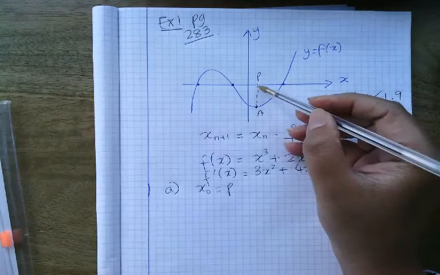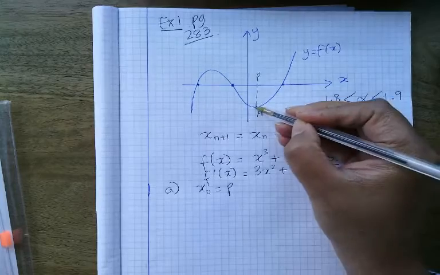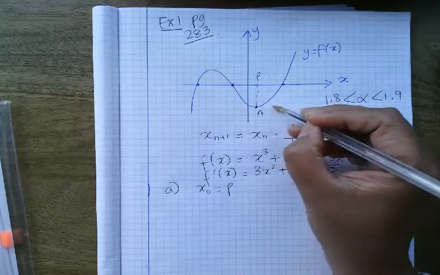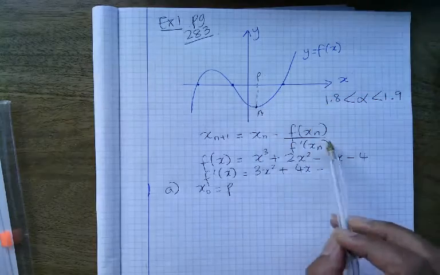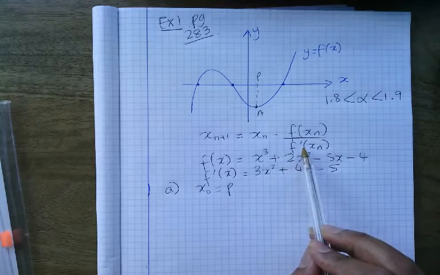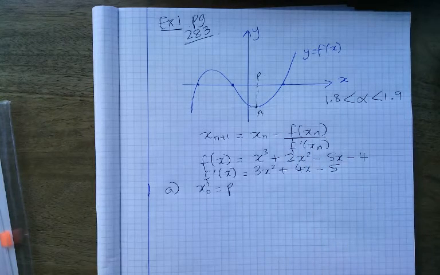Now the reason for that is because at this stationary point the gradient is going to be 0, and we can't have 0 as our denominator there. I've explained this in the intro.